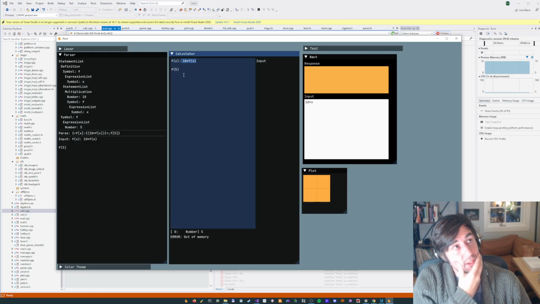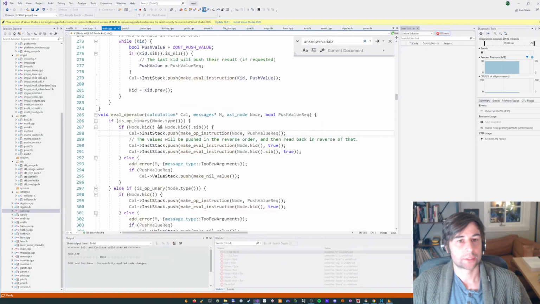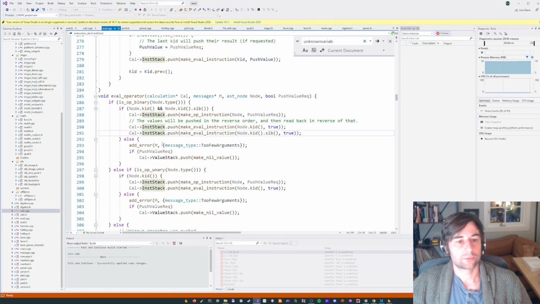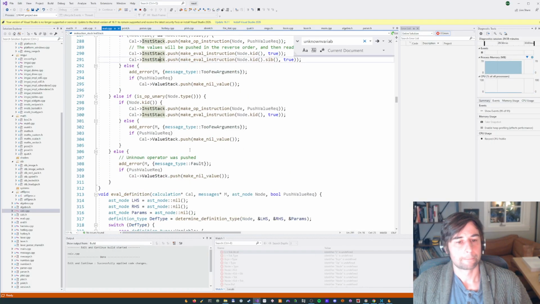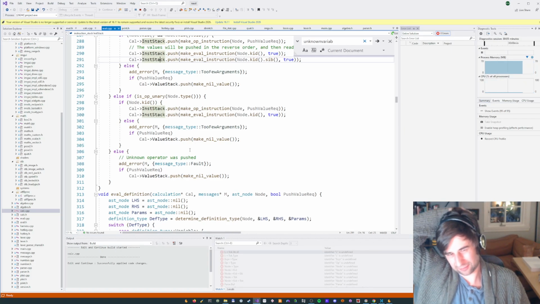So maybe what needs to happen is that I just should not be returning values at this stage. I should be using the same kind of substitutionary thing, but put nodes back on the stack.